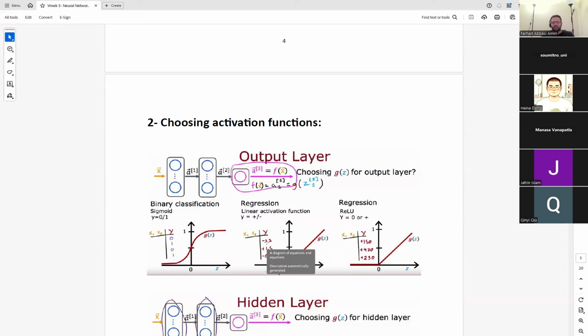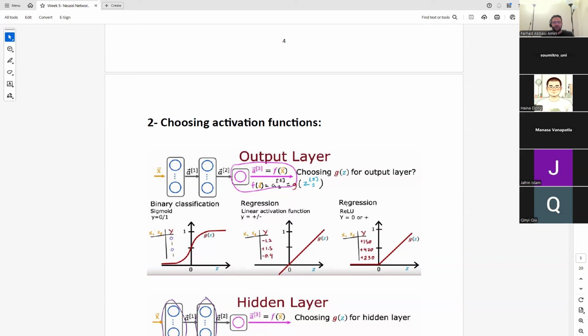The number could be negative or positive. So when your output can be any number, negative or positive, you're using a regression application, and then your activation function should be the linear activation function, this one.